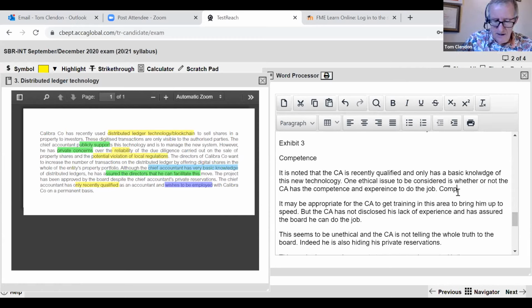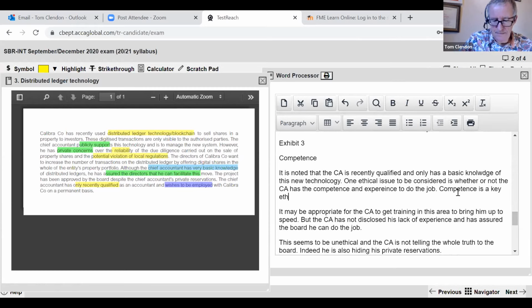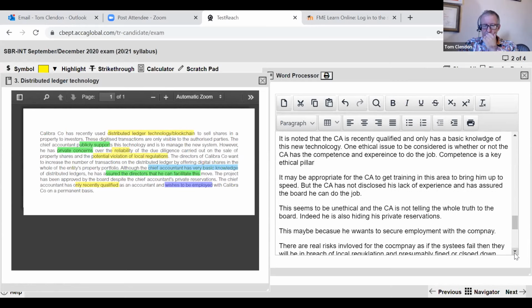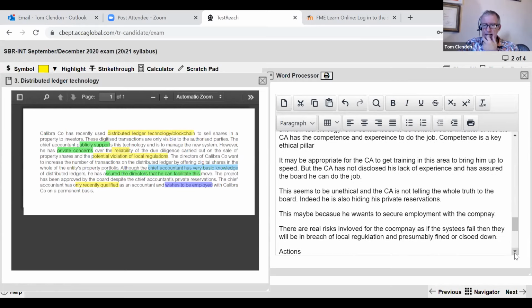Competence is a key ethical issue. It may be appropriate to get him into training in this area to bring him up to speed. But the chief accountant has not disclosed his lack of experience and assured the board he can do the job. This seems unethical. The chief accountant is not telling the whole truth and is also hiding his present reservations. This shows a lack of integrity.